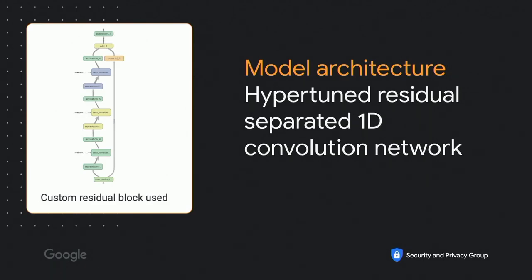It's a convolution network, which means it's mostly based on convolution. And the residual part means that we tend to do something like the ResNet implementation, which is basically we do a bunch of convolution and then we keep the signal by having a second path that you can see on the right side of the diagram, which helps us maintain the flow of the gradient and avoid vanishing gradient problems.